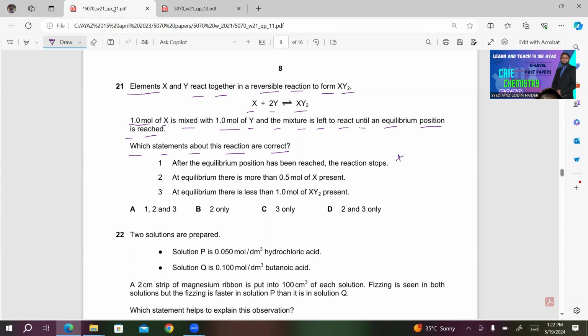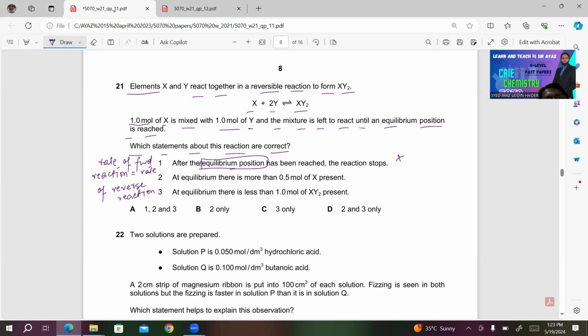This is wrong. When we say equilibrium position, it means the rate of forward reaction becomes equal to the rate of backward or reverse reaction. So this can't be the right statement.